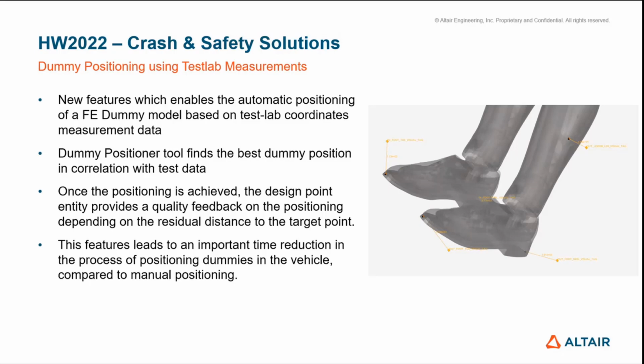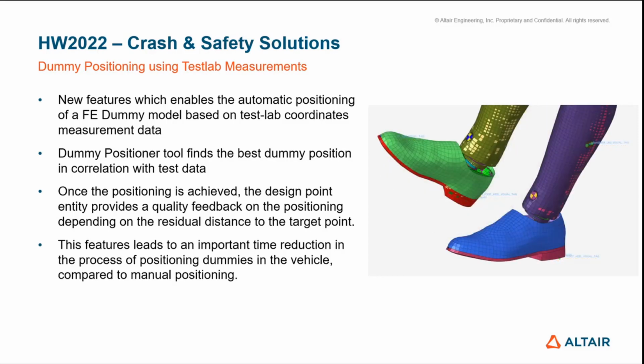So this is what you see, for example, here on the screen. You see for the feet and on the legs the target points, and for each target you see with the dotted line the target in the space that needs to be reached. Okay, and the tool will automatically move the dummy to reach the best position that the dummy can reach to match these targets.